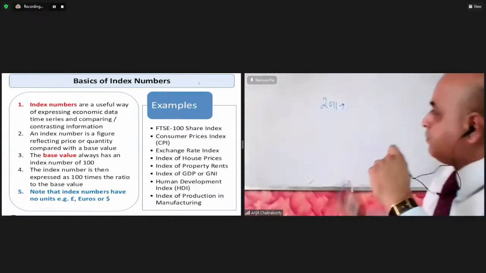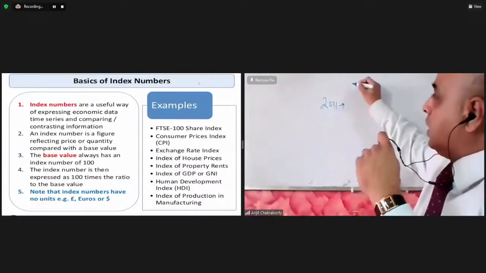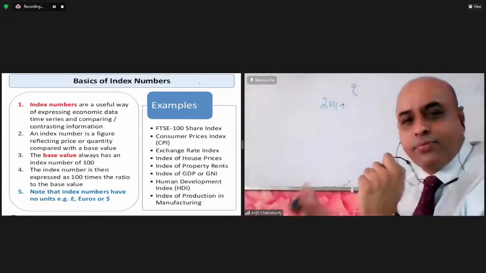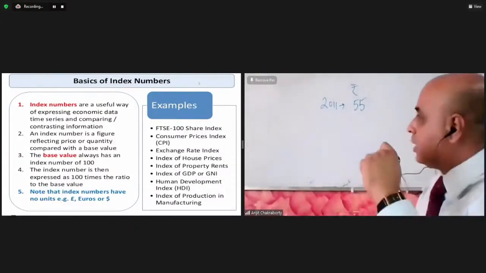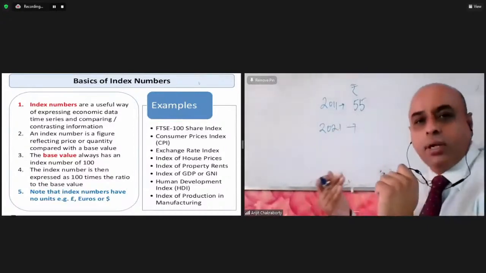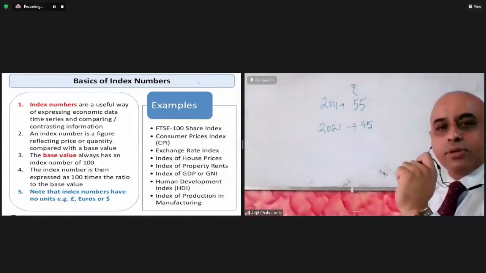Let me assume that the average price of 1 liter of petrol in 2011 was, I'm just taking an arbitrary figure, say 55 rupees. Now in 2021, let us assume that the price went up to a large extent, say around 95 rupees per liter of petrol.